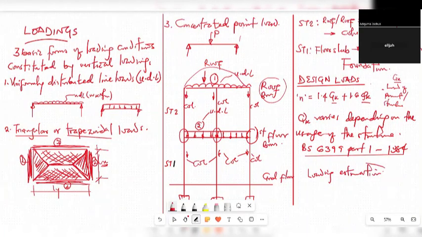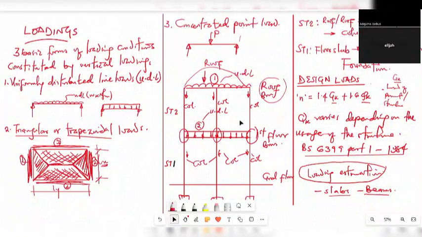Everything you can lay your hands on as touching load estimation, particularly on slabs, beams, basically these two, before next class. Yes, sir. So by next class, I will teach properly. The advantage you have if you do it properly is that it will make it easier for you to understand what I'm doing.